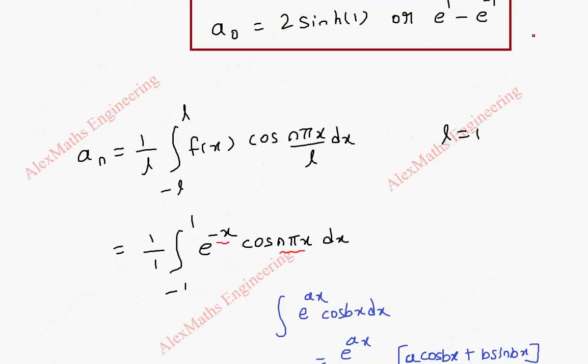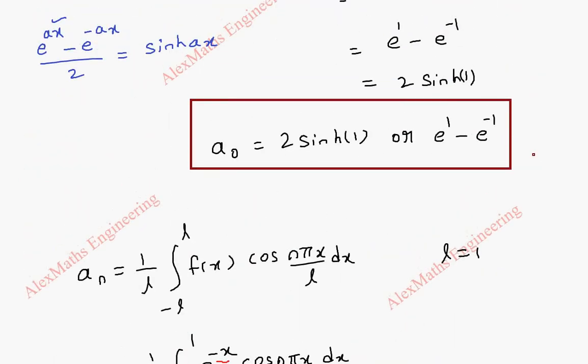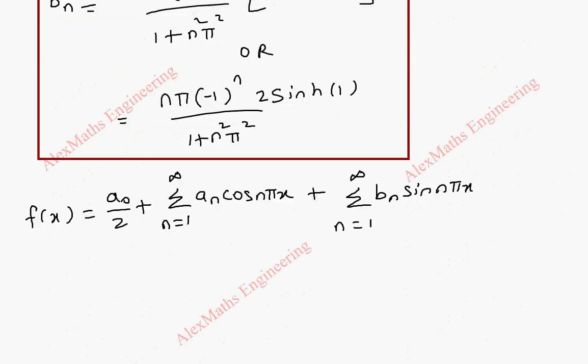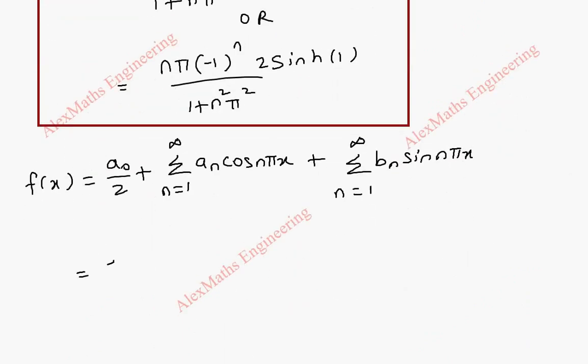A0 by 2, A0 we can take as e power 1 minus e power minus 1.